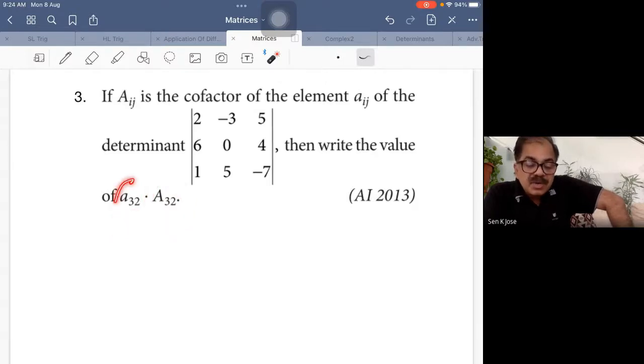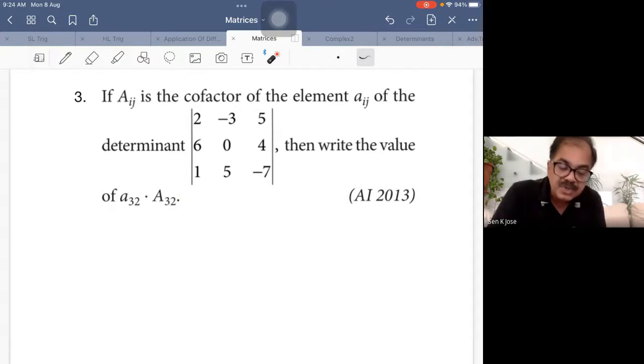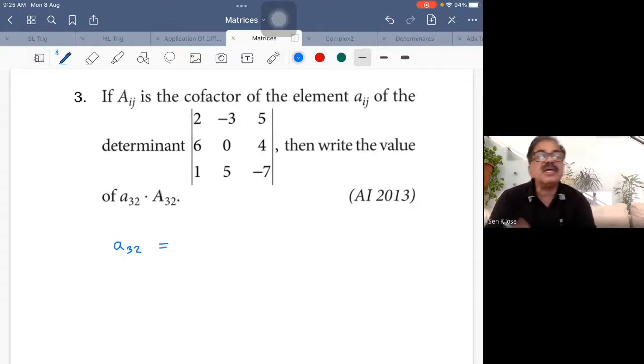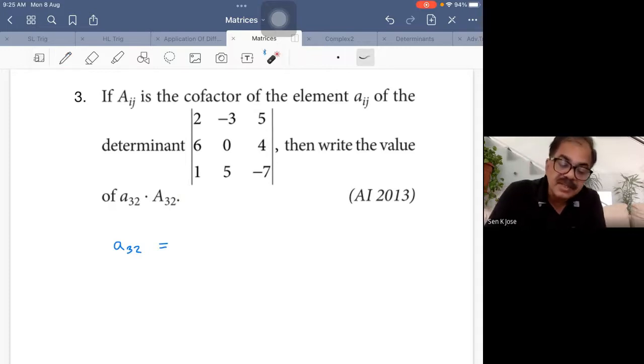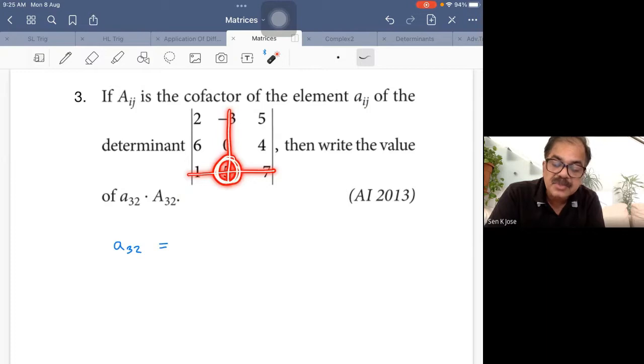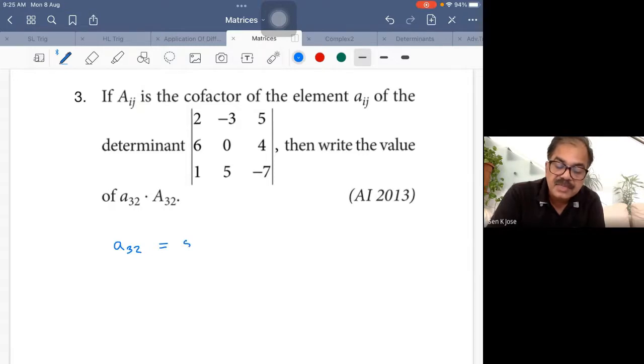The lowercase is the element and the uppercase is the cofactor; we multiply them together. Let's first write what a32 is. It is the third row, second column element, which is 5.